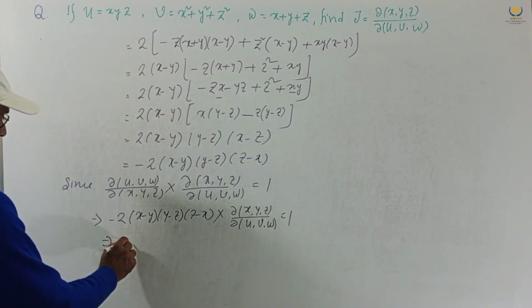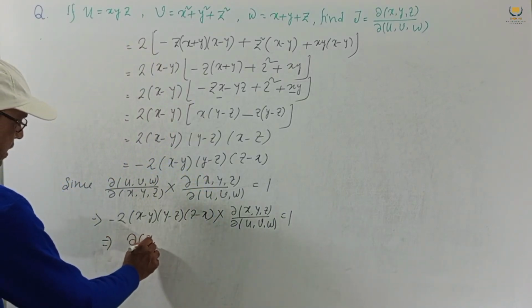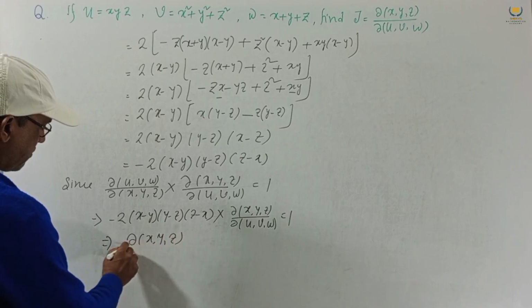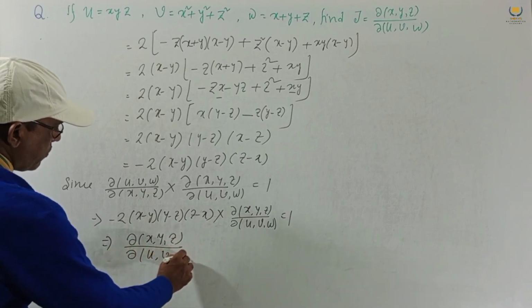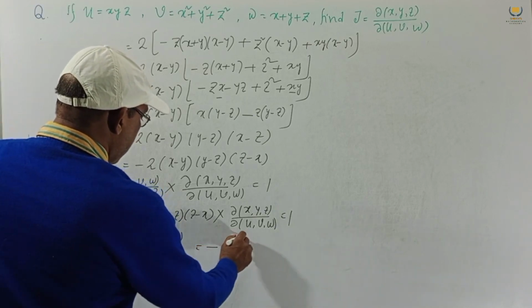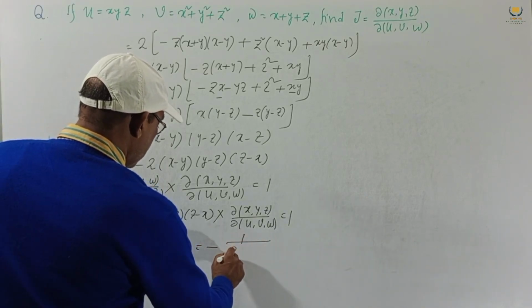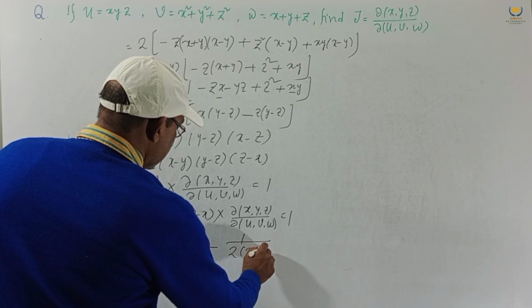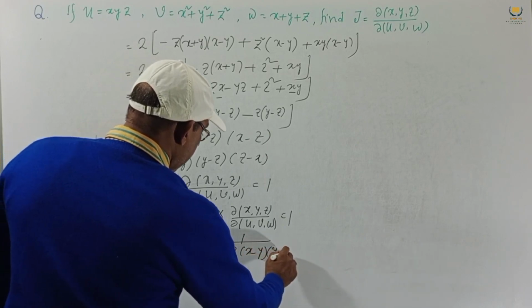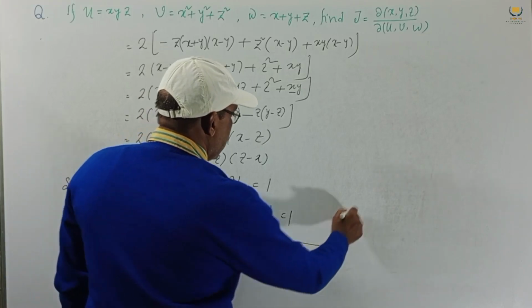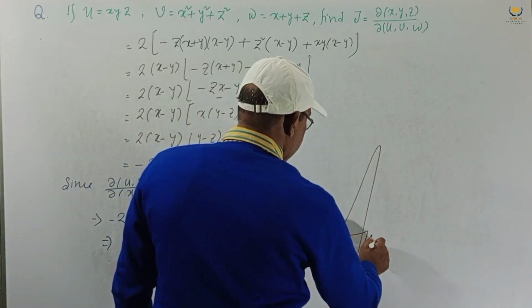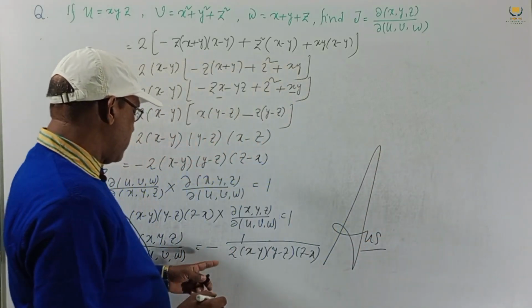So this implies del x, y, z by del u, v, w equals minus 1 by 2 into x minus y, y minus z, z minus x, and this is our answer. This is our answer.